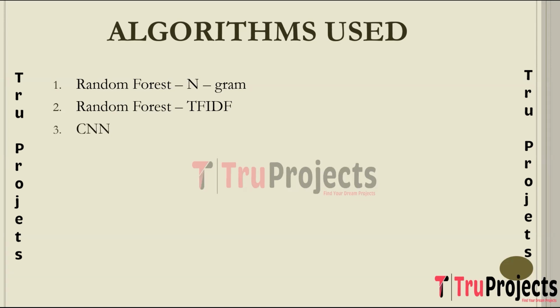The last algorithm is CNN. CNN stands for Convolutional Neural Network, which is a deep learning algorithm commonly used for image recognition and classification tasks. However, it can be applied to text data through techniques such as word embeddings and 1D convolutions. In the context of this project, CNN refers to the utilization of convolutional neural networks for text analysis. This involves treating text data as a sequence of tokens, which are words or characters, and using convolutional layers to extract features from these sequences.